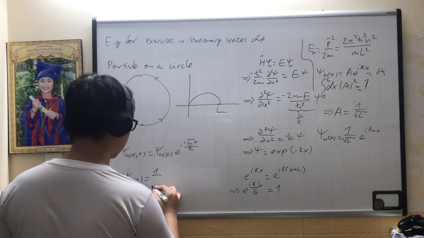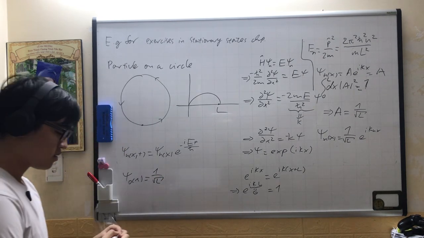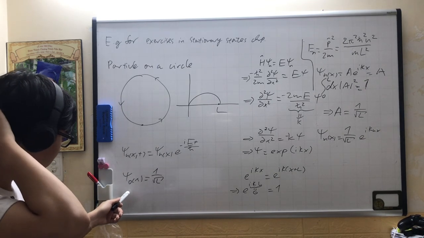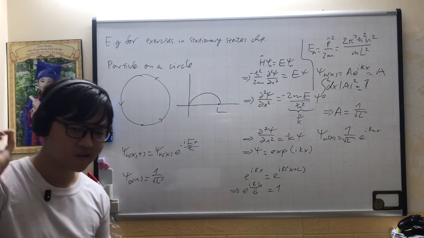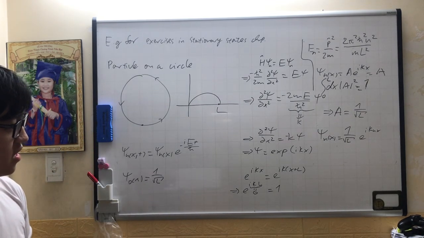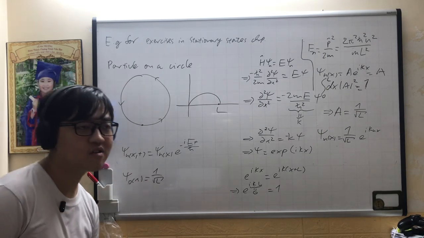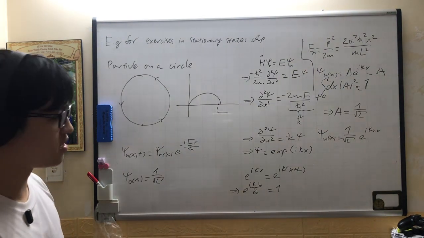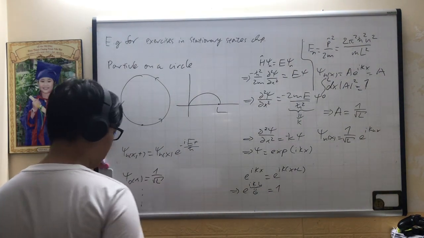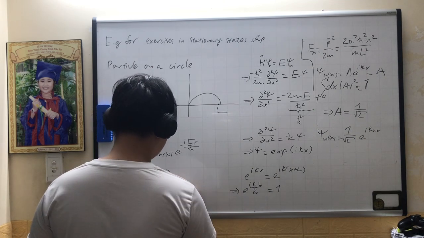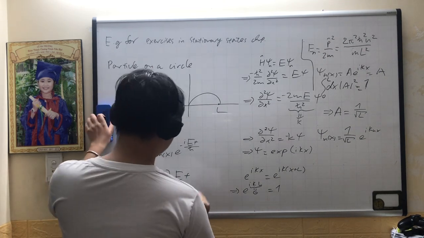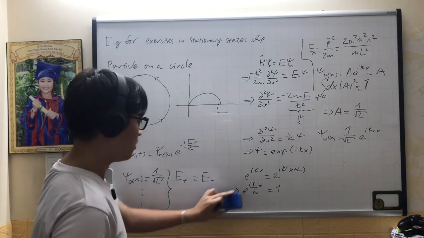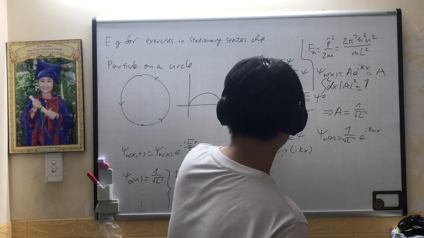This guy would just equal 1 over root L. Next you consider psi 1, psi 2, and you would see that your energy, whether it's a plus or a minus, in the end would equal each other. So E plus would be the same as E minus.